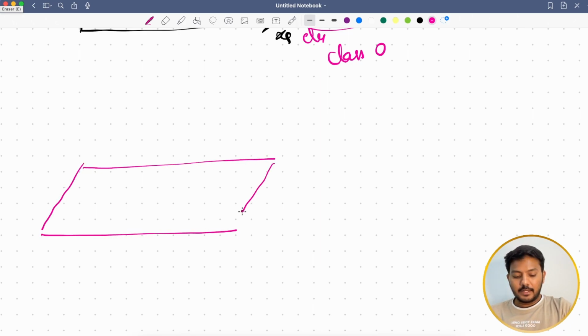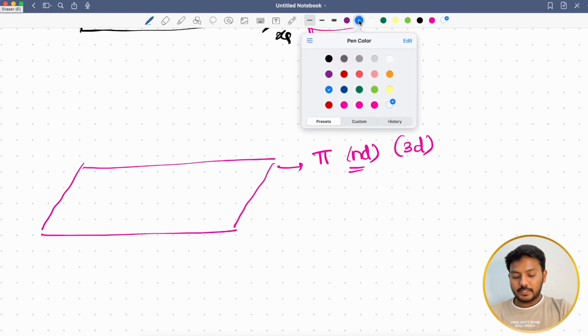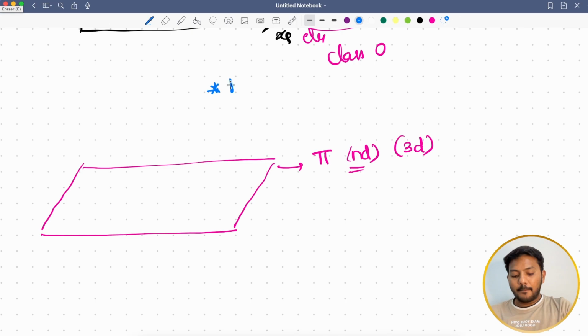So this is my plane, and I represent it as pi if it is of n dimensions. And let's take an example of 3D, because in 3D it will be easier to map all of these things. And let's say I have a point P1, and it is (x1, y1, z1). And this is my plane, right? So I want to calculate this distance.